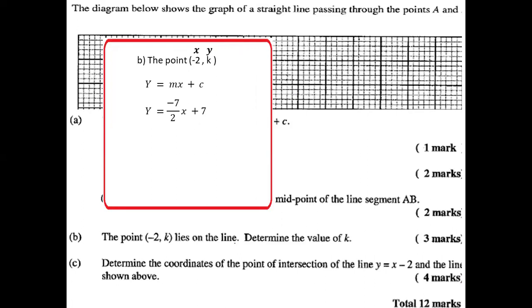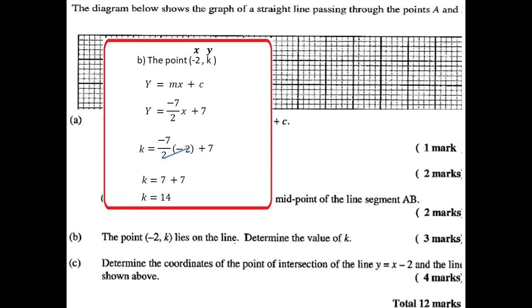So y is k and x is minus 2. See, we're just putting in the information that we know, and we're going to find what k is now. Now, 2 will cancel 2 here, giving you minus 1, and minus 1 times minus 7 is 7. So k is equal to 7 plus 7, giving us 14. And that is our k value.